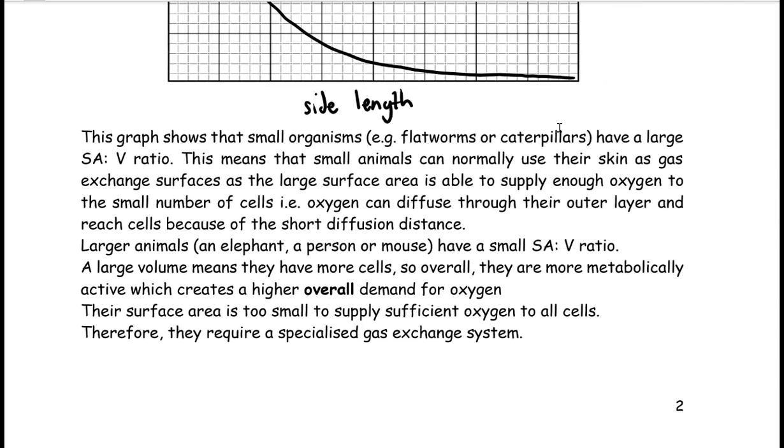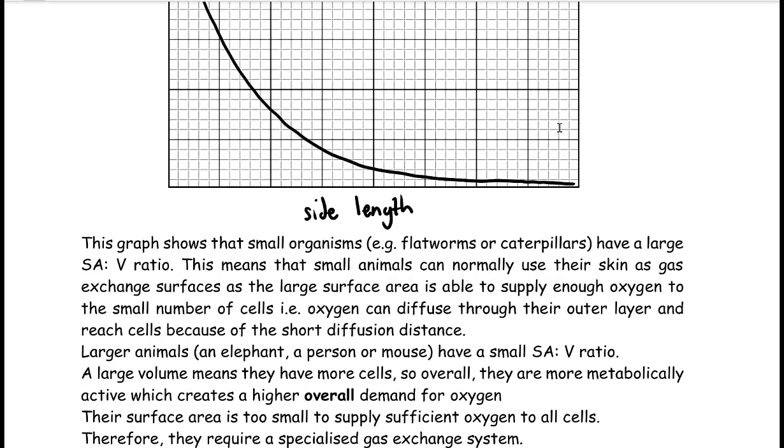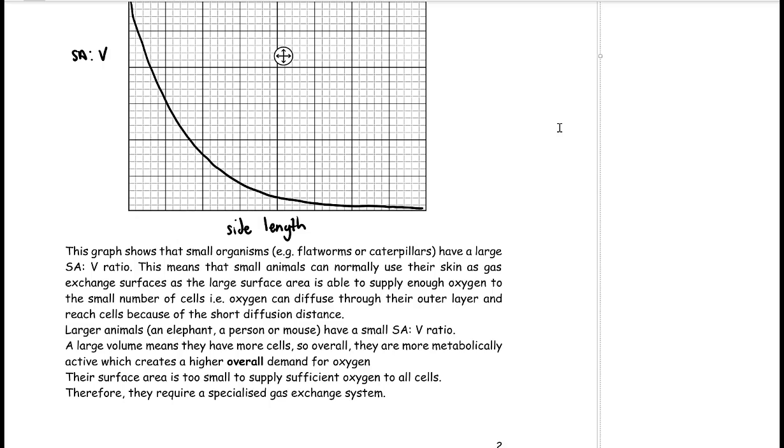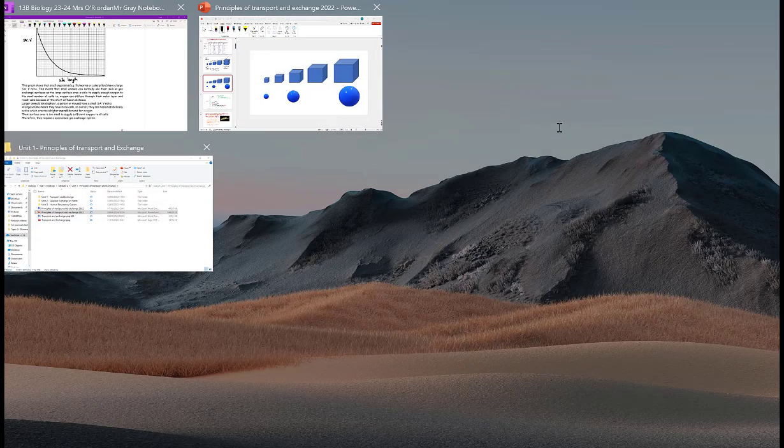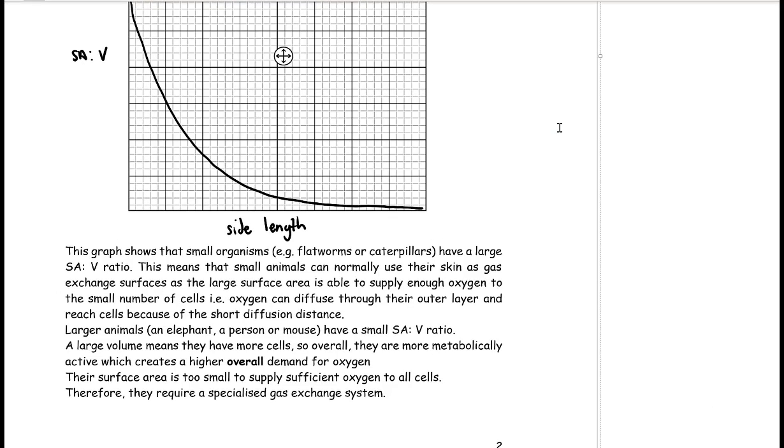Now, what makes this quite tricky is this. As the side length increases, the animal gets bigger, but the surface area to volume ratio gets smaller. So for very small animals, they might be able to use their skin as a gas exchange surface, as they have a large surface area, so it's able to supply enough oxygen for the small number of cells. And it might be able to reach all the cells because of the short diffusion distance.